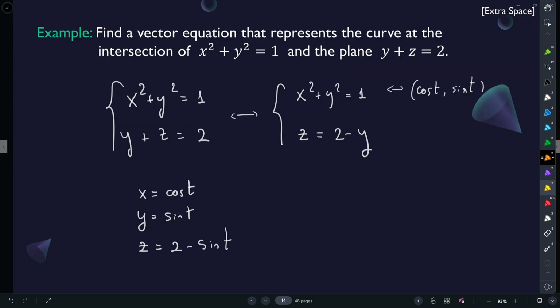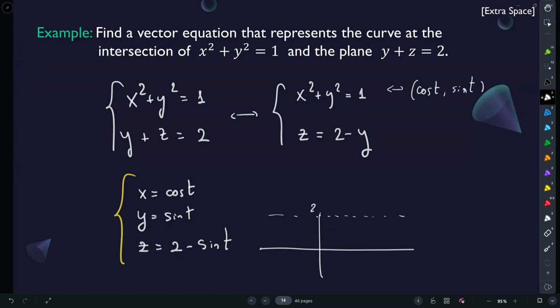And I think now your question is, why is this parameterizing what I said it parameterizes? These two variables are going around in circles in the xy plane, and this one oscillates. The graph of this function is 2, so if this is the value 2, and then a sine wave, but it's not the sine, it's minus sine, so it just goes like this.